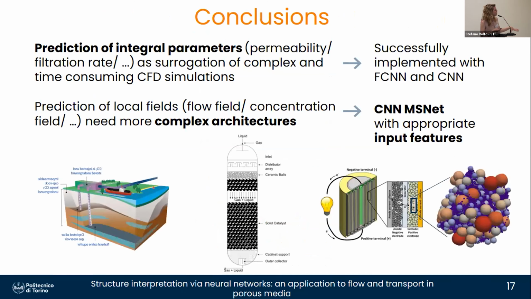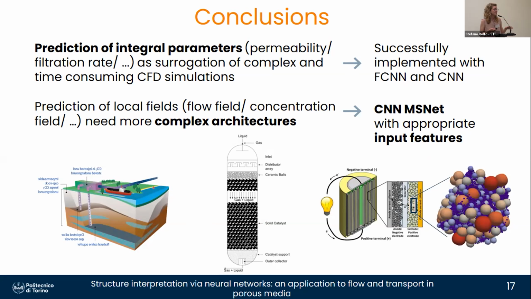So, in conclusion, it is well known that it is possible to use neural network models in order to predict integral descriptors of the porous media, and convolutional neural networks are very useful for this reason, because we can provide the network with the entire geometry of the porous media. But it is possible also to solve a more complex problem, such as the local description inside the porous media.